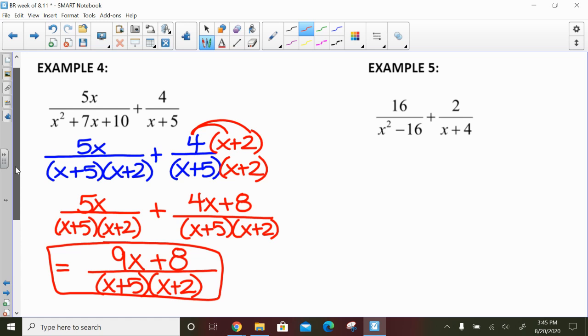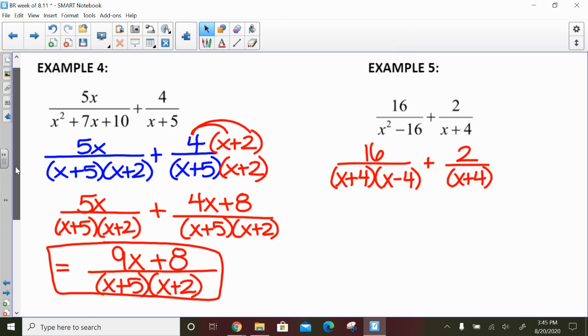Okay, and then example 5. I'm going to start by factoring the x squared minus 16. That is a difference of squares, so it will factor to x plus 4, x minus 4. And then I still have the 2 over x plus 4. All right, so if I look on the left side, I have an x minus 4 that the right side does not have.